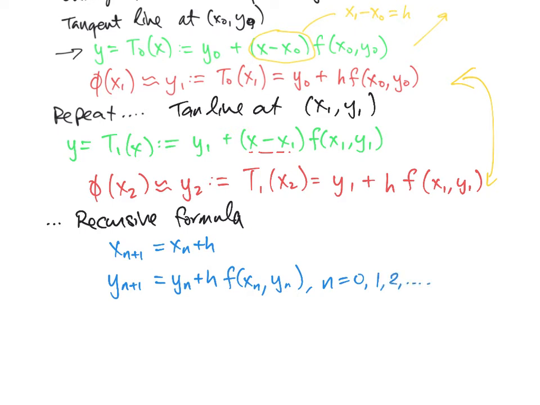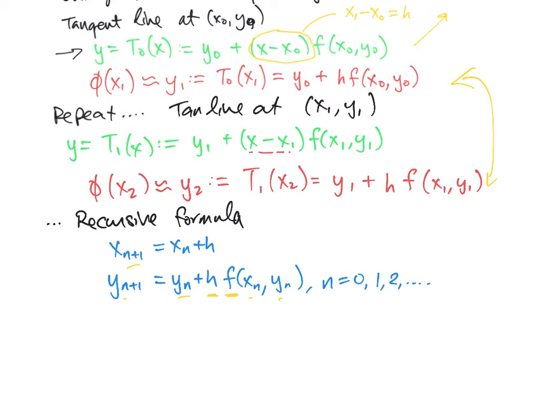So the only thing that we need to compute this is the f, which we're given by the differential equation, the step size, which we fixed at the beginning, and then we always need, in order to compute xn plus 1 and yn plus 1, to know what the previous step was. But we know that as long as we knew the first one. So we need to know x naught and y naught, which were given to us at the beginning of the problem because they're the initial condition.